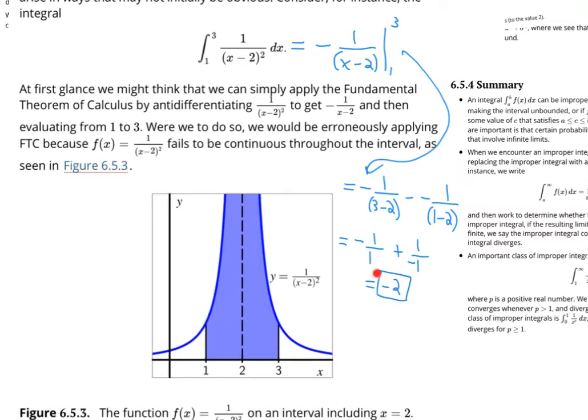If I compare that with my answer of negative 2, it doesn't make any sense. That means there's something wrong here. There's something we're not considering. So we're going to do this again more carefully and make sure that we're taking into account this part here in the middle, which is the vertical asymptote.